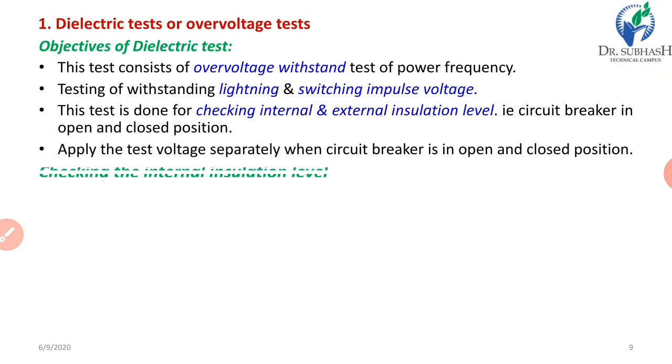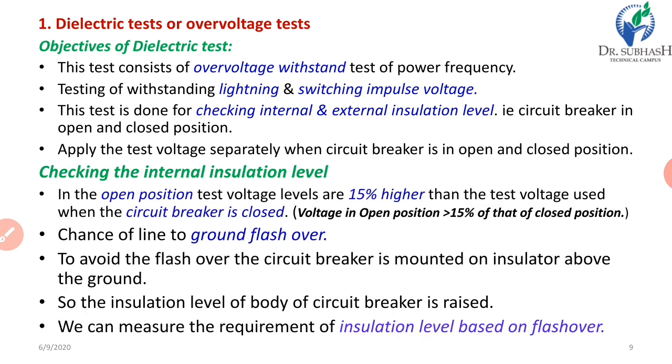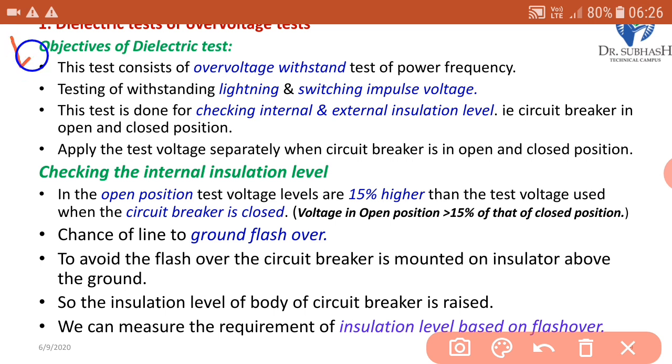The first one is the dielectric test or over voltage test. Now, the objectives of the dielectric test. This test consists of an over voltage withstand test at power frequency, and testing of withstanding lightning and switching impulse voltage.